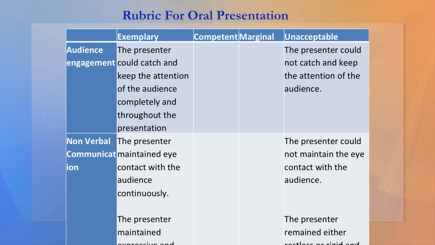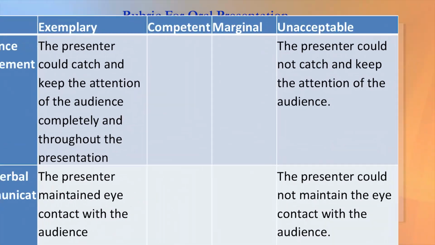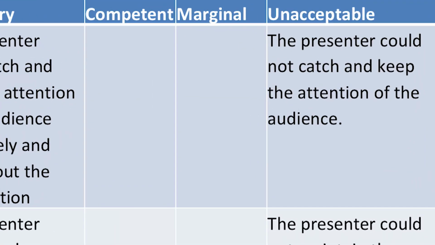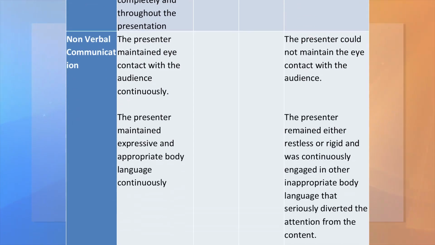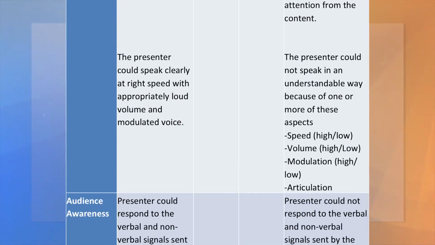In the same way, the task descriptions for the scale level unacceptable are written for our rubric for oral presentation and placed in the respective boxes of the grid. After this, we need to complete this grid by writing descriptions of remaining levels and arranging them at appropriate places in the matrix.